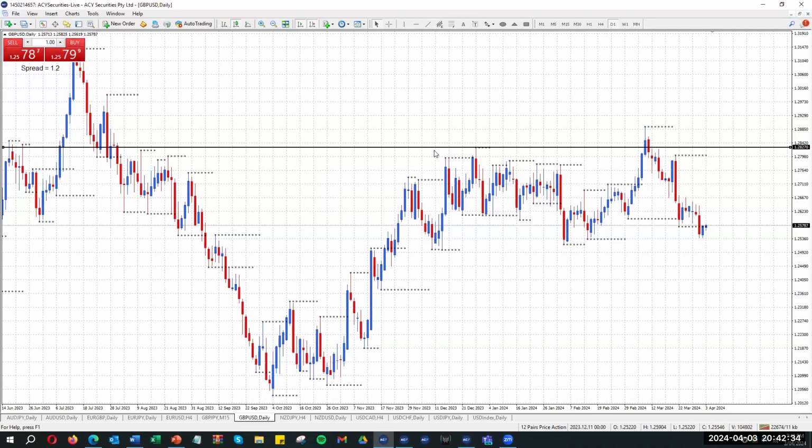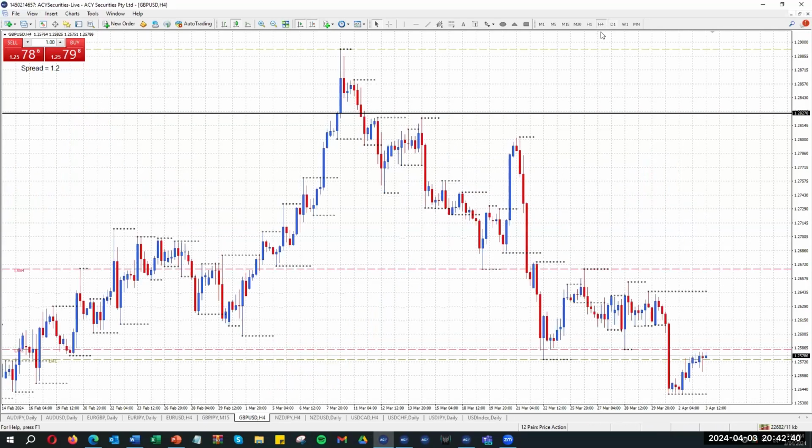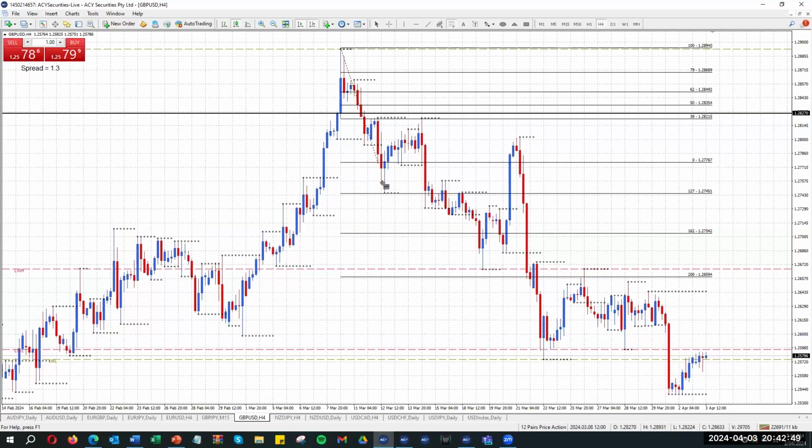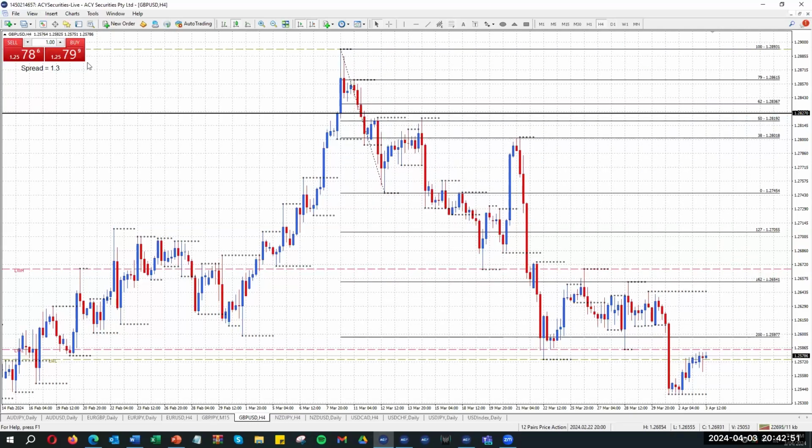Now, for me, in a perfect world, if I think we're struggling here, I'm just going to drop down to the 4-hour chart. As we come up and then we fall down, I would then look for a 79% retracement to come up, try to get back above this high if it can, and do something like that.